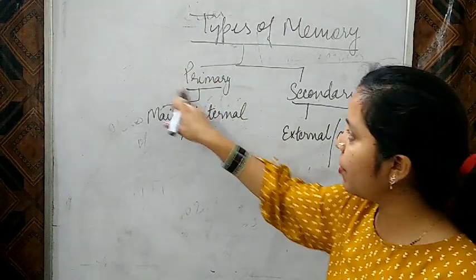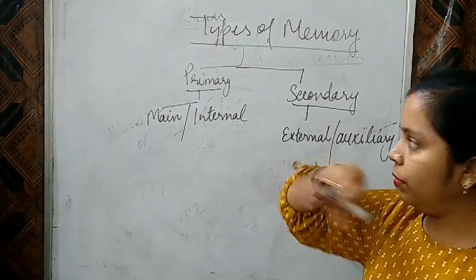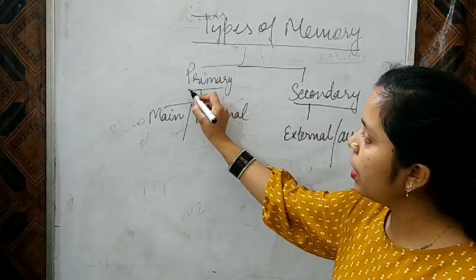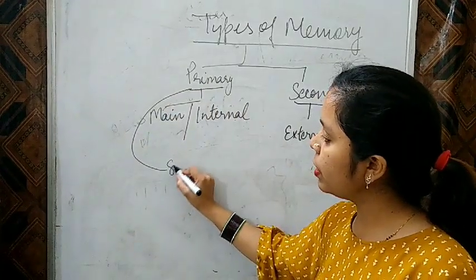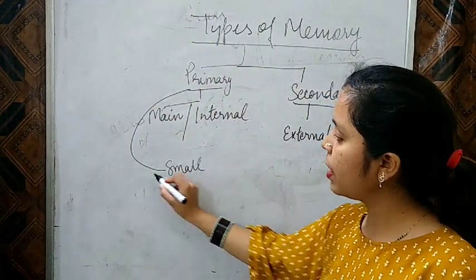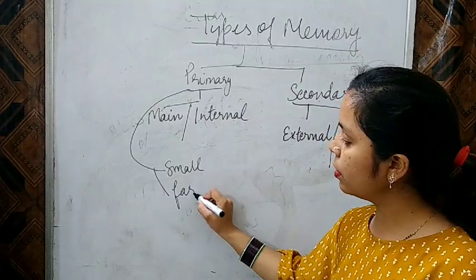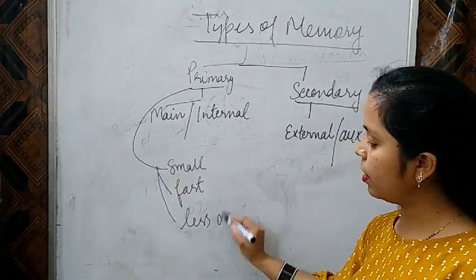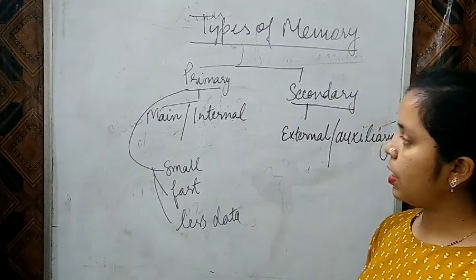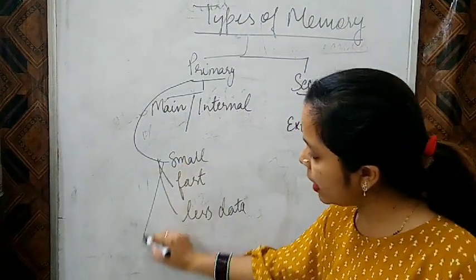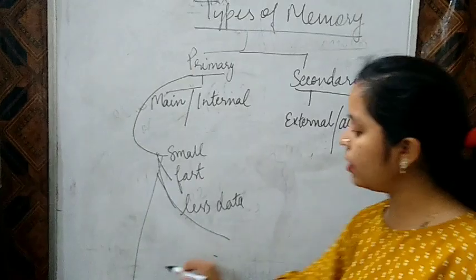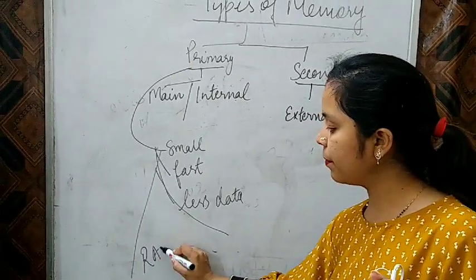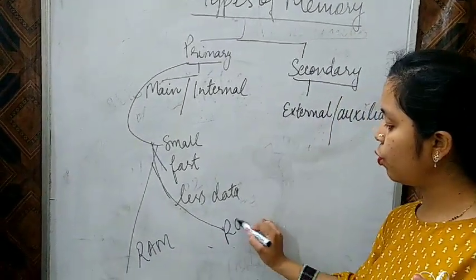Now first we will study primary memory. What is primary memory? Primary memory is small memory. It is fast and it stores less data. And primary memory is again divided into 2 parts, RAM and ROM.